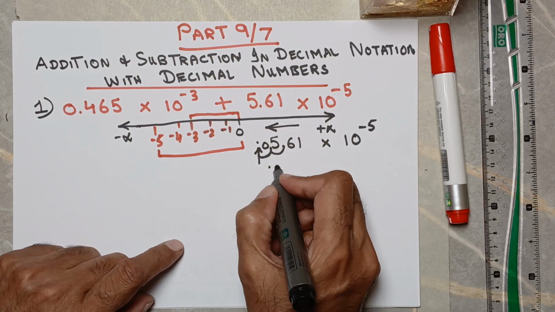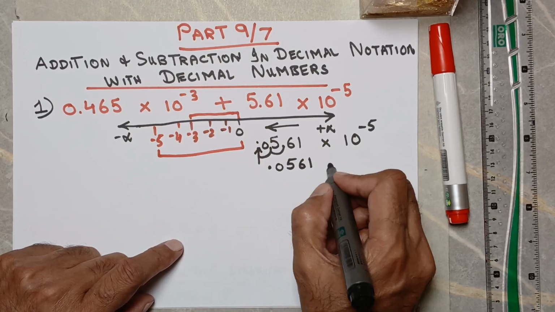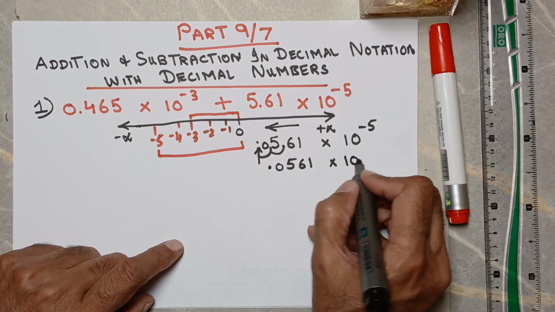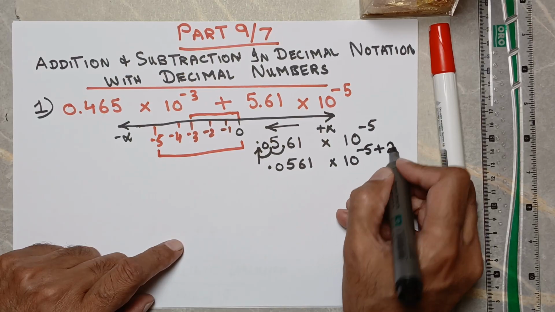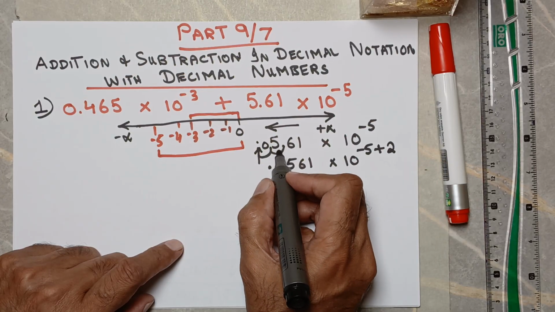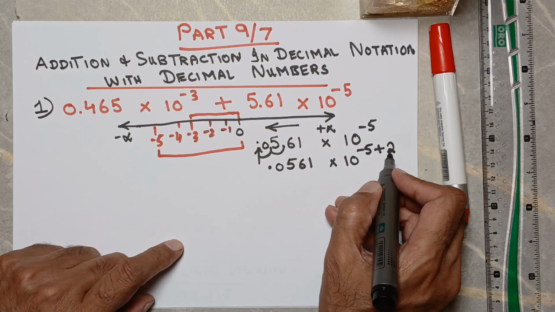Now 0.0561 times 10 raised to the power minus 5 plus 2, because we have shifted this decimal 2 places towards the left, and that is increasing our exponent.